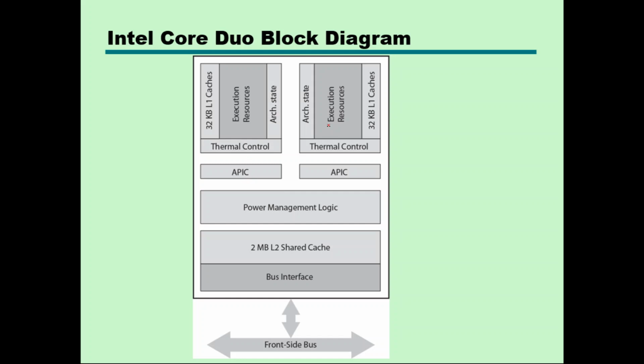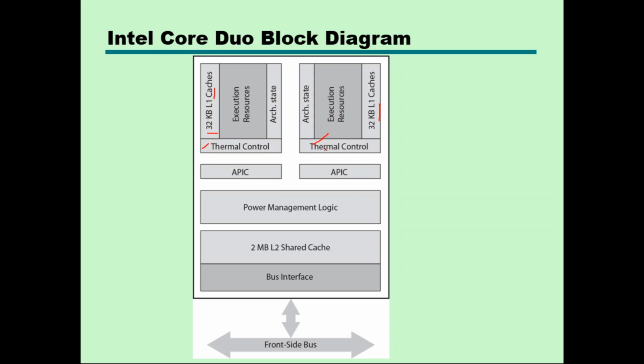You can see there are two cores. This is core 1 and this is core 2. Each core has an L1 cache: a 32 KB instruction cache and a 32 KB data cache, for core 1 and for core 2.